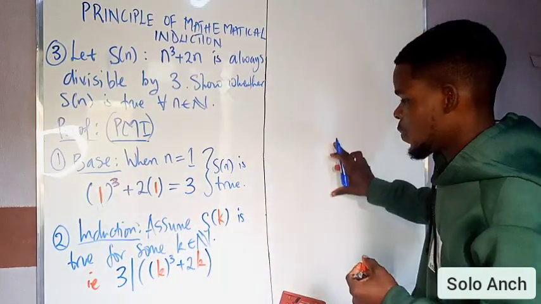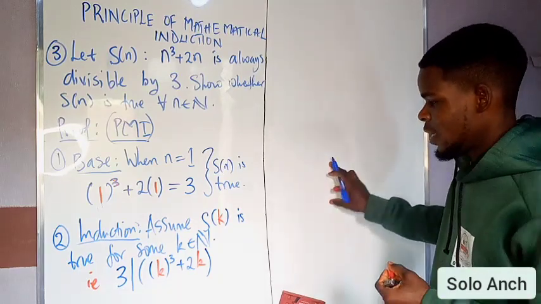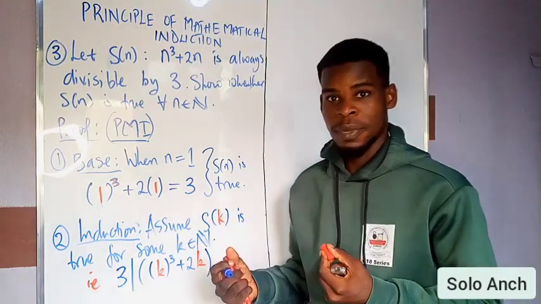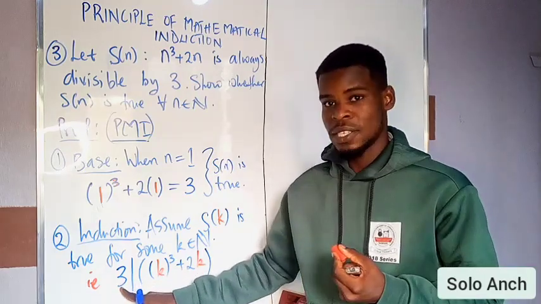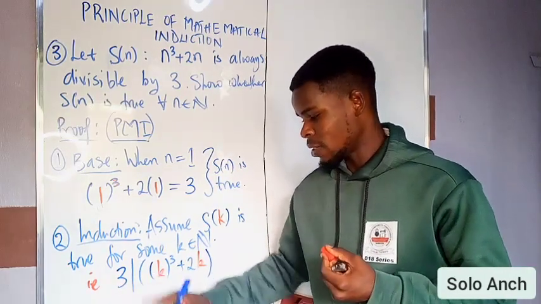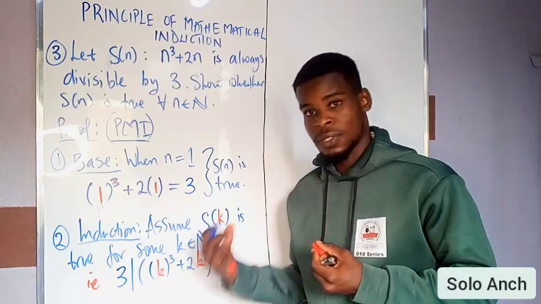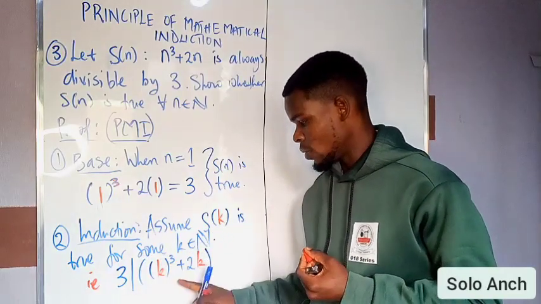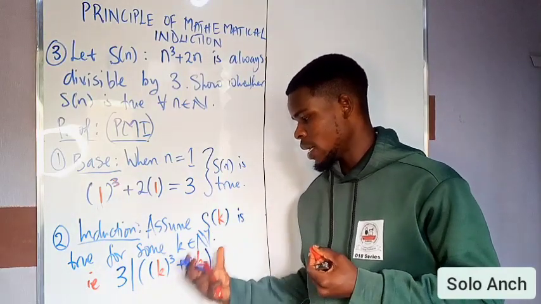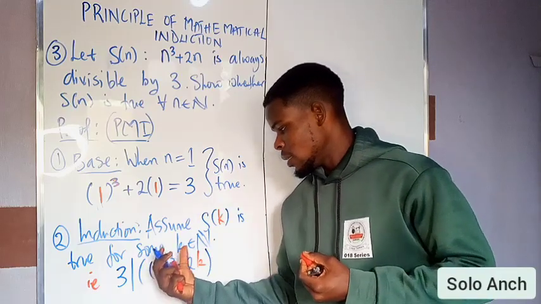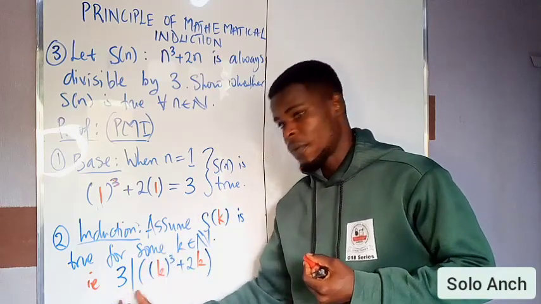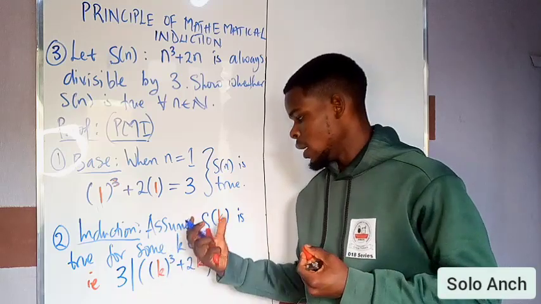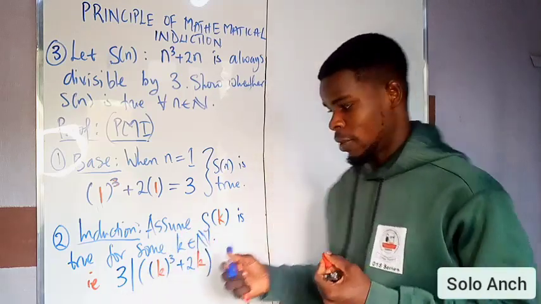And from what we just explained at the beginning over here, it means that there is a whole number such that when we multiply that whole number by the denominator here, which is 3, that's the divisor, the result will give us k cubed plus 2k. If 3 divides k cubed plus 2k, the remainder after dividing this number by 3 will be 0. In other words, the division will give us a whole number.